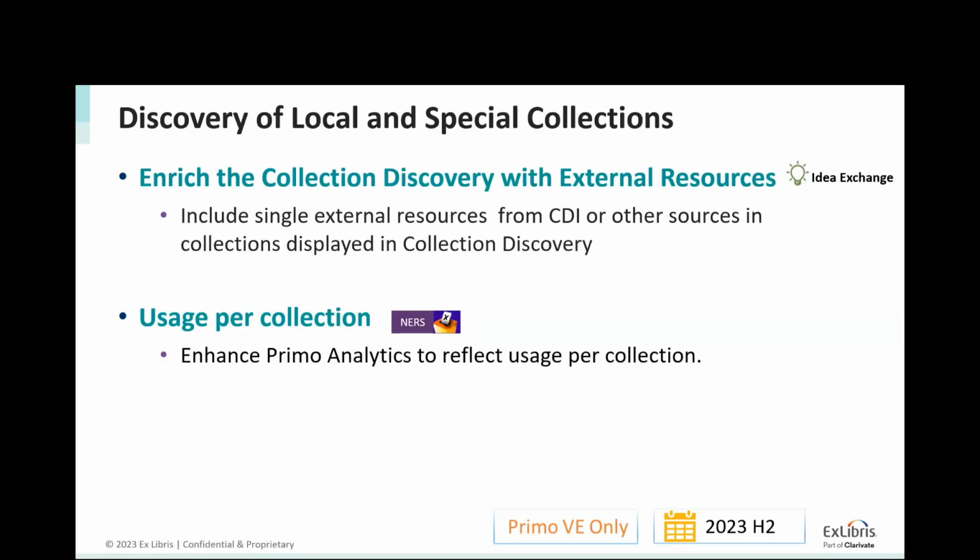Sometimes a collection curator would like to add also a few relevant records from CDI, or perhaps from an external data source that is being loaded into the discovery and is not managed in ALMA. Therefore, we would like to introduce a new way to help this collection curator while gathering items for the collection to also include resources that are available through the discovery system and not necessarily managed in ALMA.